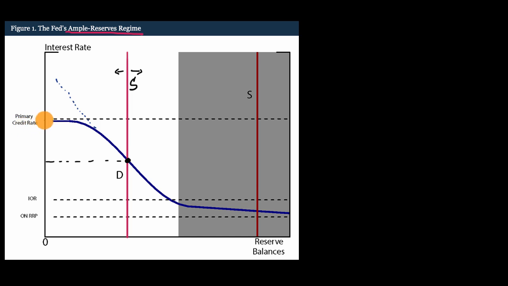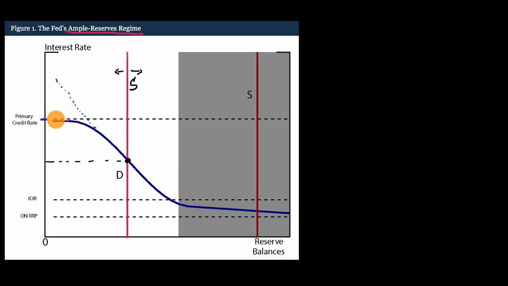You also have a secondary credit rate for a slightly weaker bank, that would be a higher rate. But this is essentially what banks can go to the Federal Reserve and borrow directly from the Federal Reserve at the discount window. So that discount window rate right over here essentially puts a cap on the overnight borrowing rate, a cap on the rate that a bank would have to pay in order to borrow reserves. And so that's why you see the curve essentially gets limited by that.